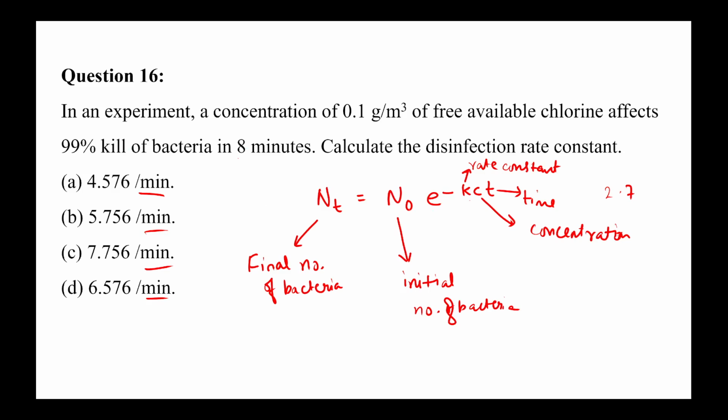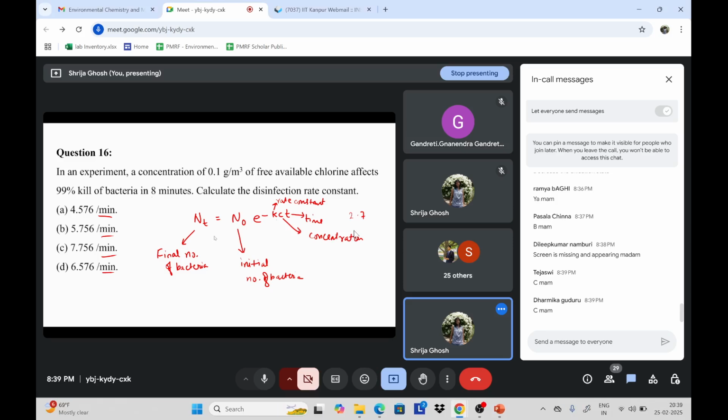That means if the initial number of bacteria is 100, then what would be the final number of bacteria?